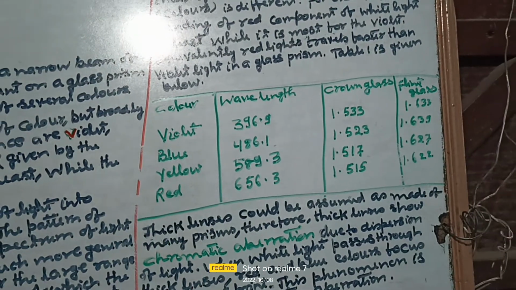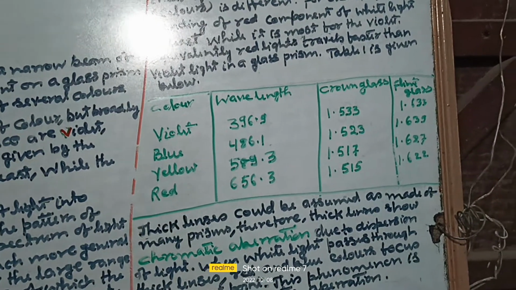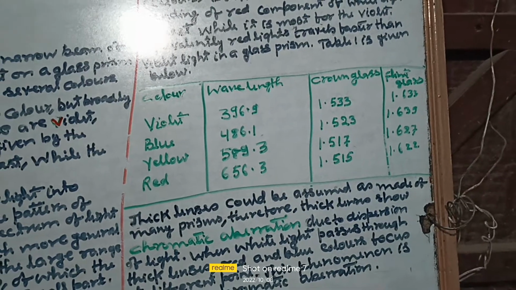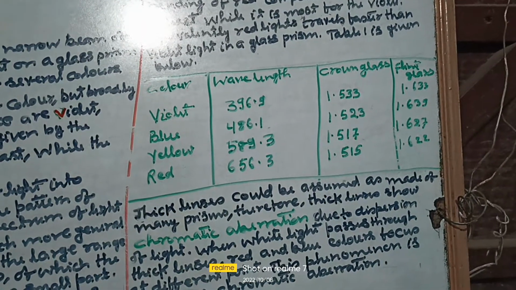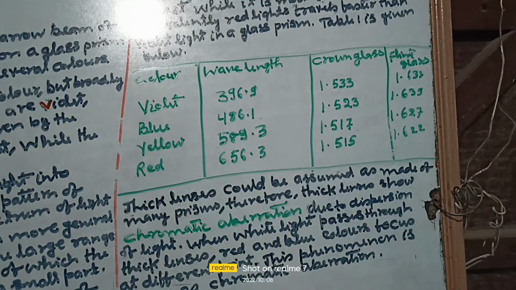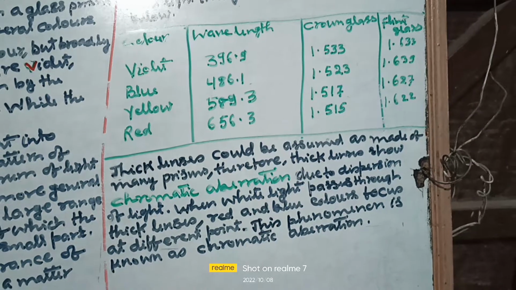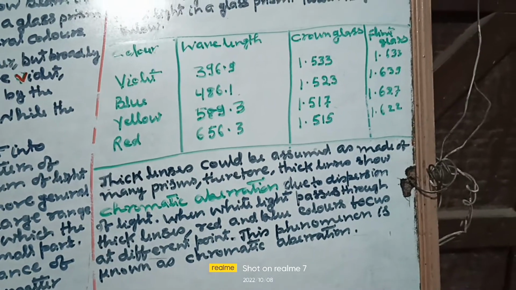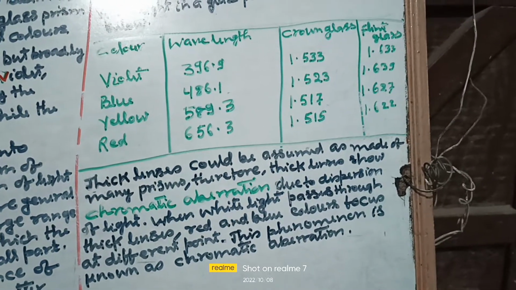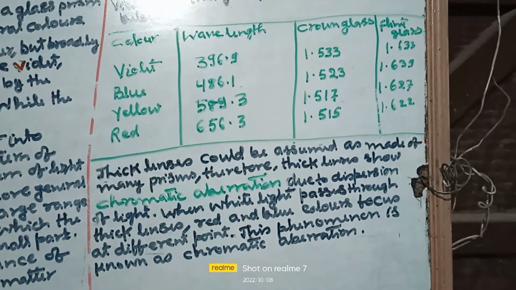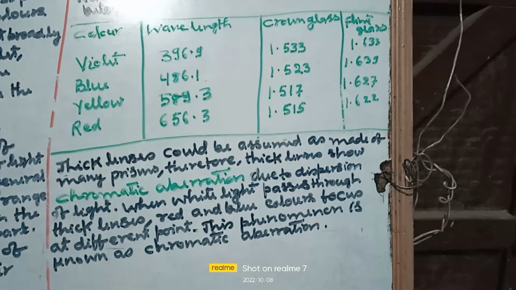Crown glass refractive index 1.533, 1.523, 1.517, 1.51. Flint glass 1.63, 1.639, 1.627, 1.62.